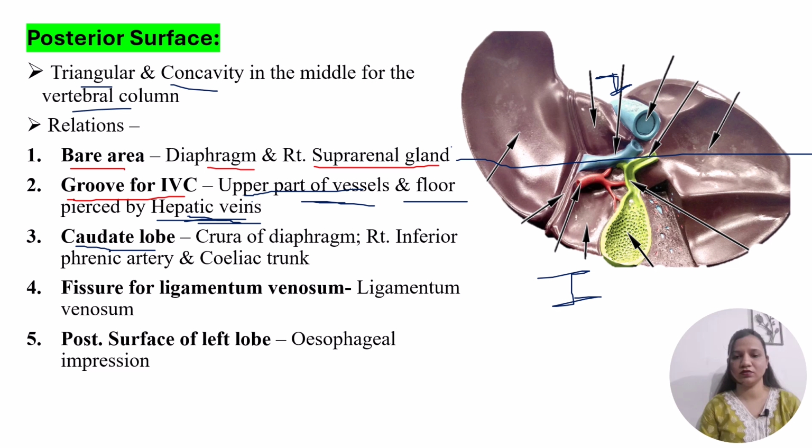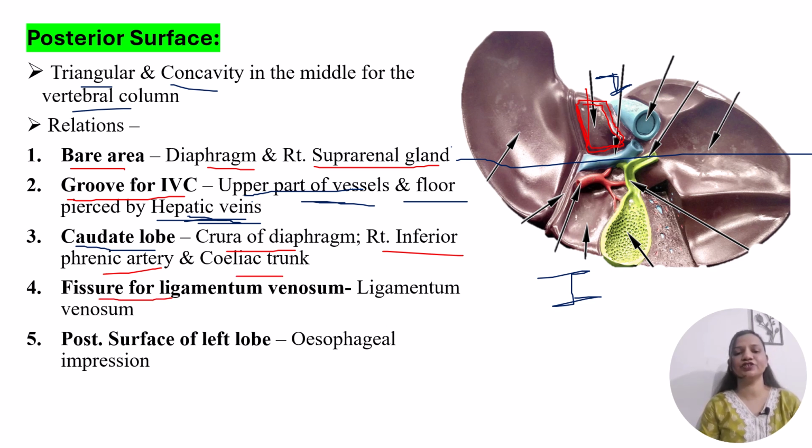The next one is the caudate lobe, which you can appreciate here. This is the caudate lobe of the liver, present on the posterior surface, and it is related with the crura of diaphragm, the right inferior phrenic artery, and the celiac trunk.